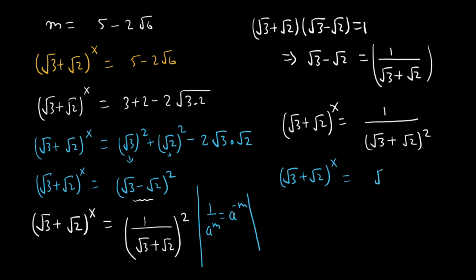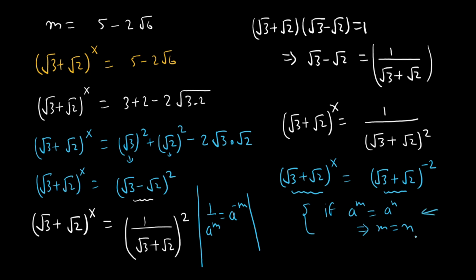Then here (square root of 3 plus square root of 2) whole power minus 2, and here we apply the rule a power m equals a power n implies m equals n. Here the base is the same, so the power is also the same. By using this rule, this implies x equals minus 2. Here we have two possible values, x equals 2 and x equals minus 2. This is our final answer.